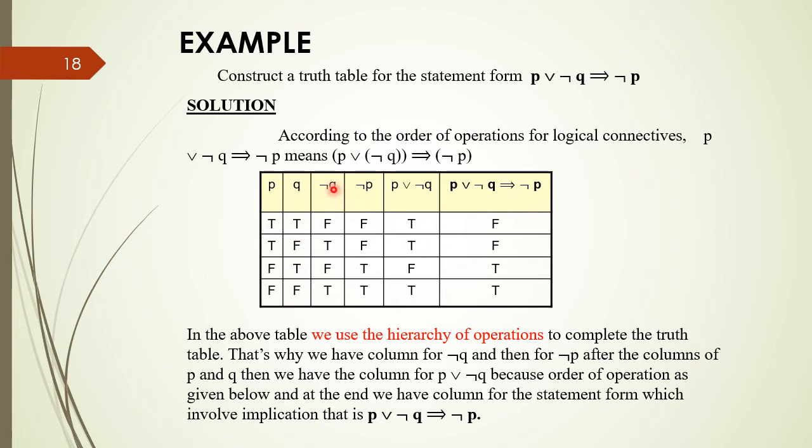And first we evaluate not Q and not P, and then we evaluate the expression P or not Q, because the second precedence will be given to the disjunction operator, and at the end of the evaluation of the expression we will evaluate the overall expression containing conditional operator, and we will get the output truth values for the given expression.